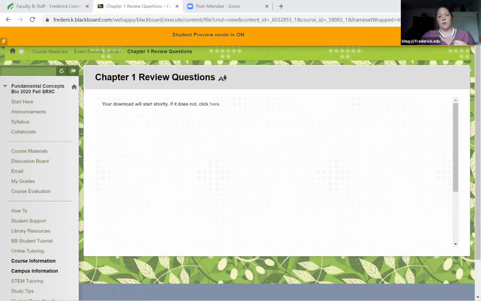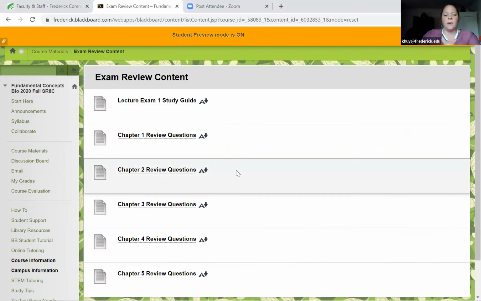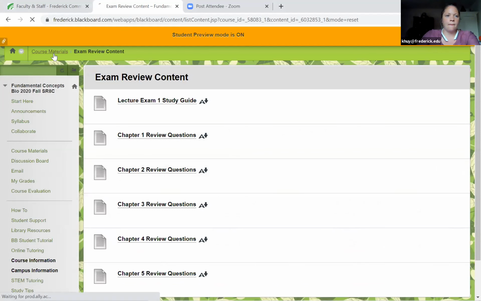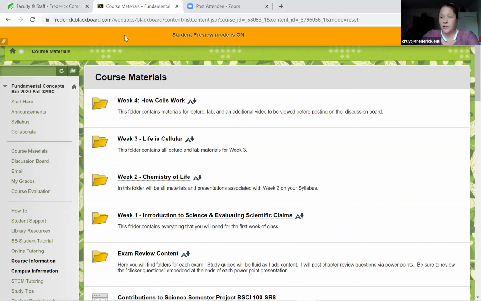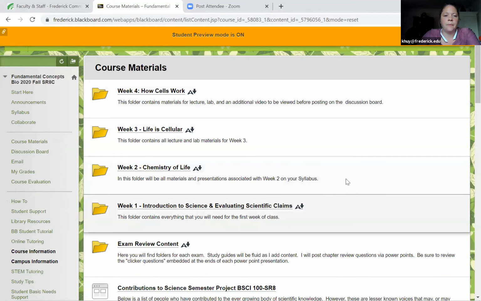Some of them may look similar to your reading quiz questions. I just want you to see that those are there for you to start reviewing, so that if you have questions for next Tuesday, you can bring those with you.